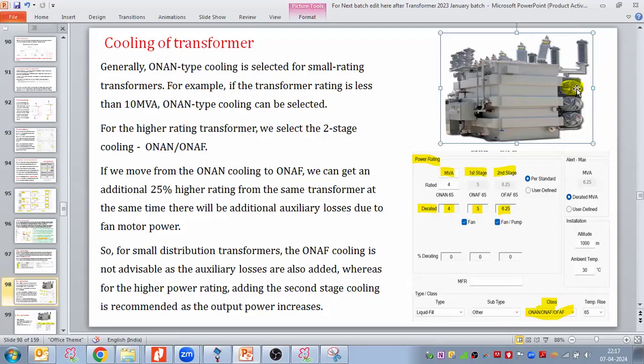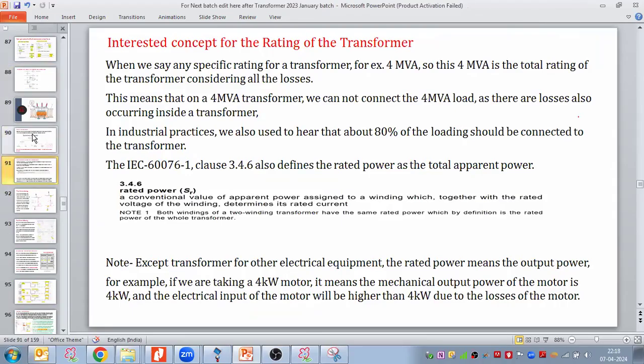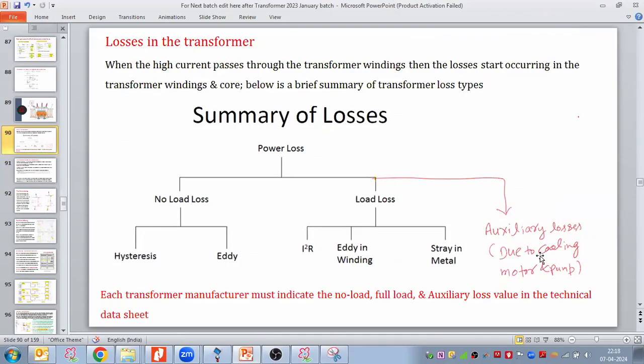This motor requires some power, so this motor power is taken under transformer auxiliary losses, due to the cooling motor and pump, the fan motor and the oil pump. Those losses come under the auxiliary losses of the transformer.